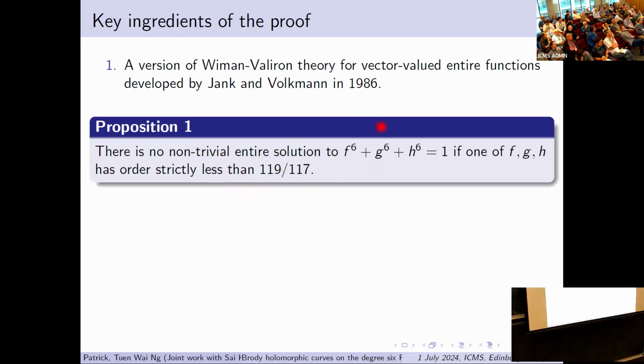Now, the proof will consist of mainly two parts. The first part, I'm going to apply a version of the Wiman-Valiron theory for vector valued entire functions. And so I'm going to prove that there's no non-trivial entire solution as long as each coordinate function F, G, H has order strictly less than this number, 119 over 117, just greater than 1.